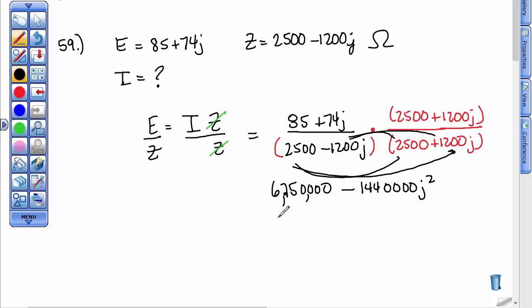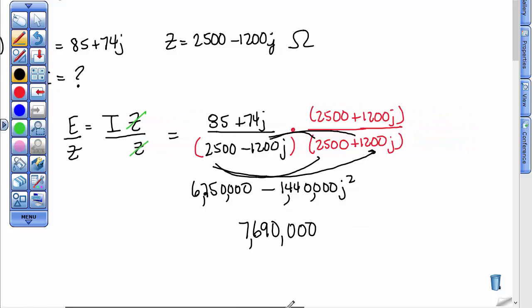So the denominator here will be 6,250,000 plus 1,440,000, so that denominator is going to be 7,690,000. Remember, because this was a minus something j squared, it'll be a plus that value.